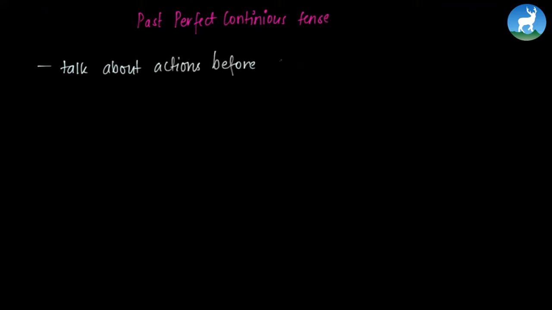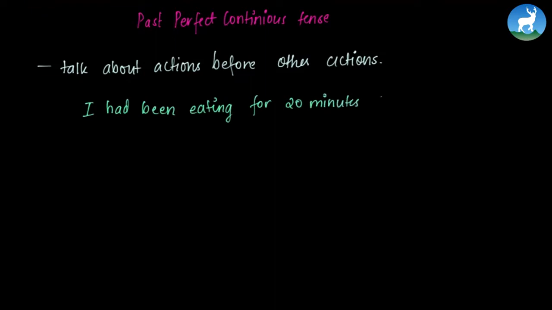For example, I had been eating for 20 minutes when they came. So you are talking about an action before another action happened, that is, when people came, that is one action. Before that action, you had been eating.